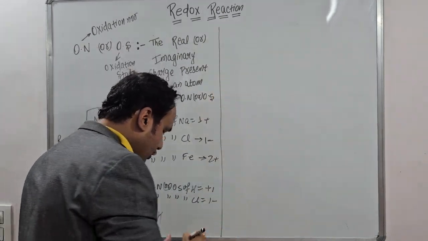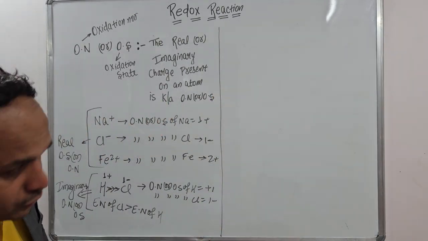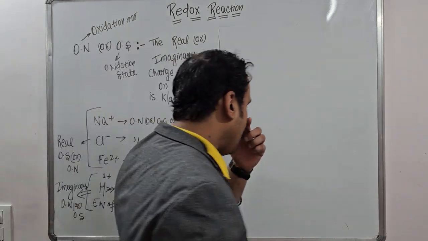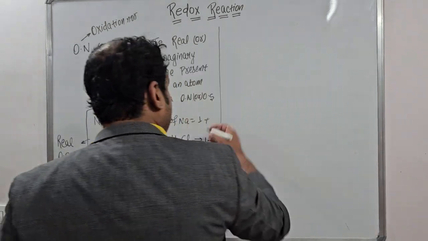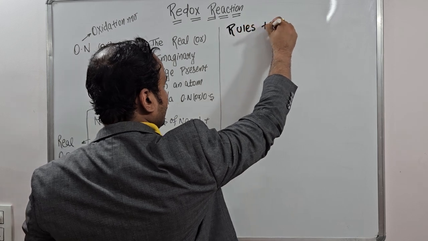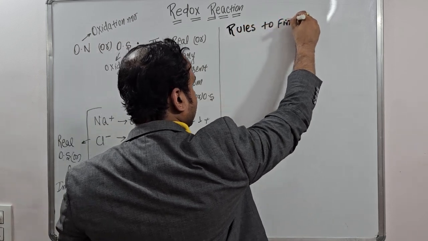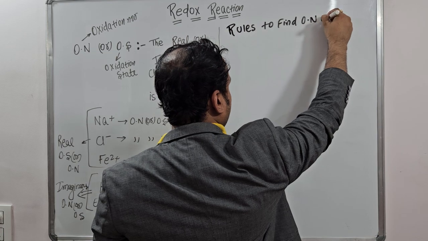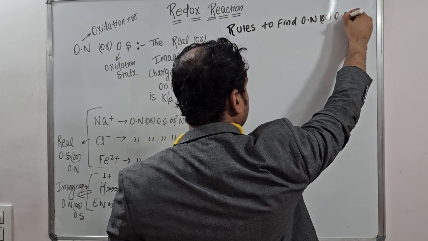Now, as I have told you, in this video I will try to cover the rules to find oxidation number. So I am going to start the rules to find oxidation number or oxidation state.